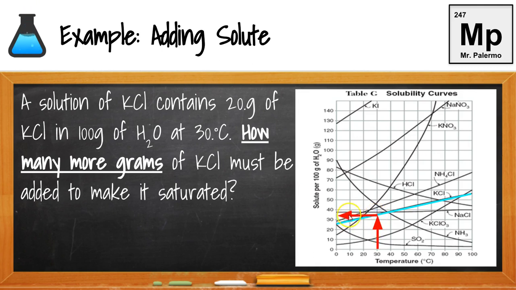So the saturation point we see is about 35 grams. That's the maximum amount I could add. But remember, I started out at 20, and I am going to 35, so 35 minus 20 means I can add 15 more grams to that initial 20 to get us to 35 grams, which is saturated at 30 degrees Celsius.